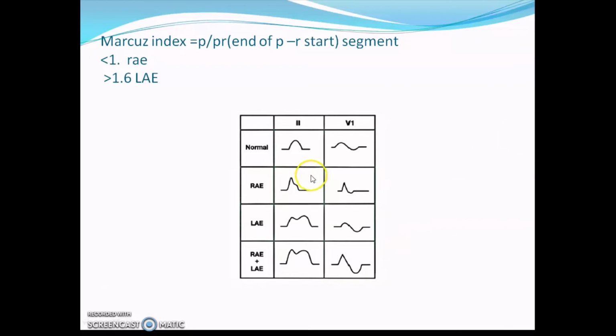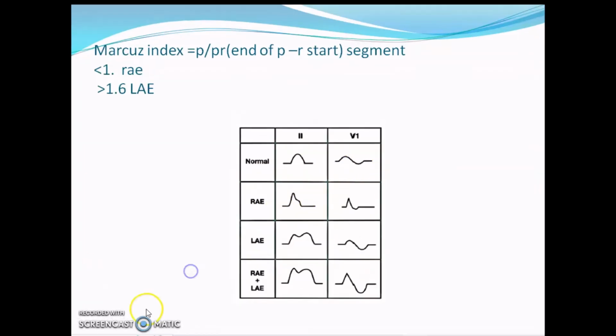So this is a graph showing a normal P wave in lead 2 like this, and in V1 it is biphasic, initial positive followed by a later negative deflection represented by the left atrium. In a right atrial enlargement, there will be a tall P wave in lead 2, whereas in V1 the initial positive deflection will be taller.